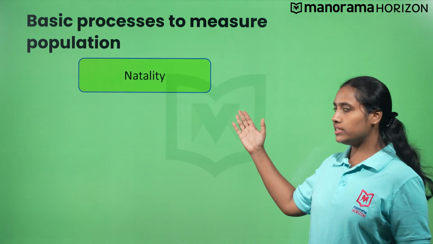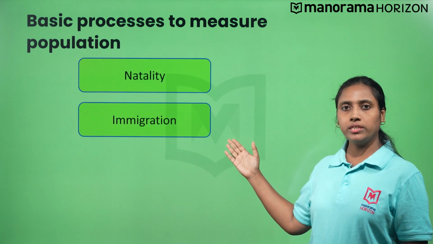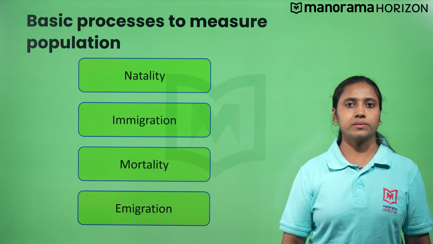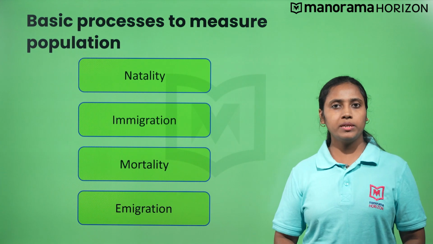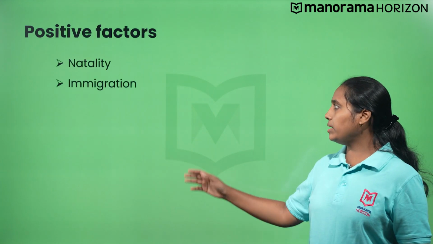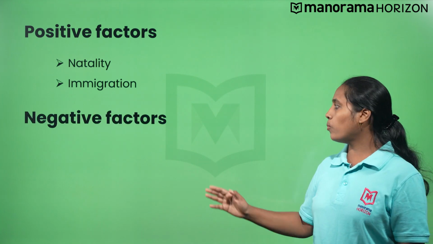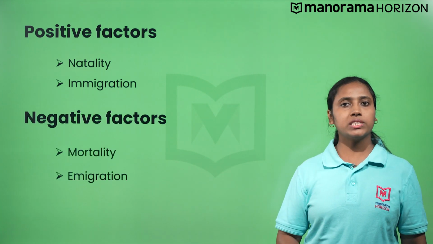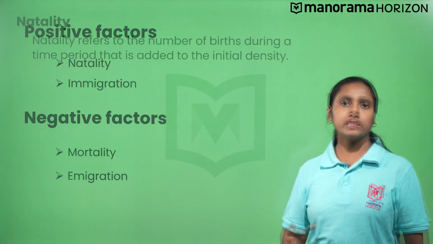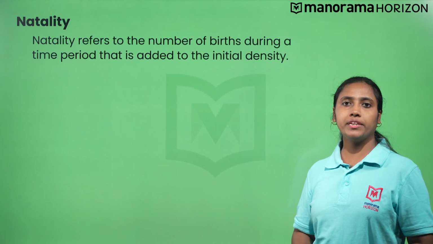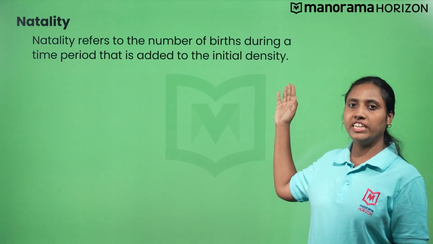It's natality, immigration, mortality, and emigration. Let us see them in brief. Natality and immigration are the positive factors, and mortality and emigration are the negative factors. Natality here refers to the number of births during a time period that is added to the initial density.